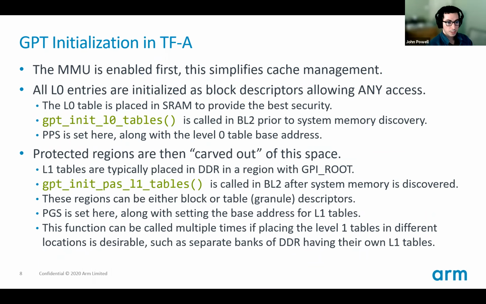Yeah, I think it's not needed because SRAM by default is a root-only region. It would have peripheral side filters, which means that any other address space code or data cannot be accessed if it's in SRAM. So typically what we do is only the DDR regions, which can be dynamically allocated to pass, are described in the L1 tables.